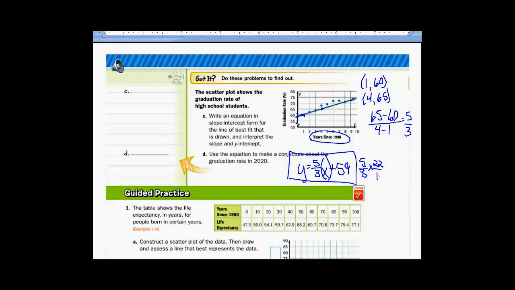So that would be 110, multiplying my tops together, 110 over 3. 110 over 3 would be, what, 3 into 110. About 36 2/3.